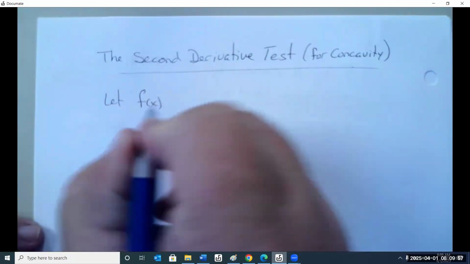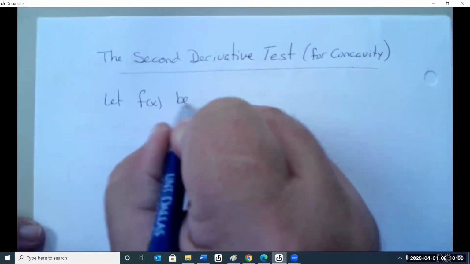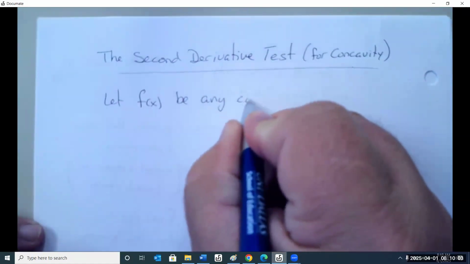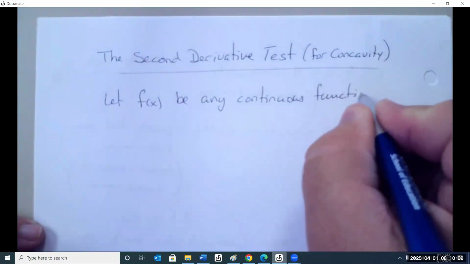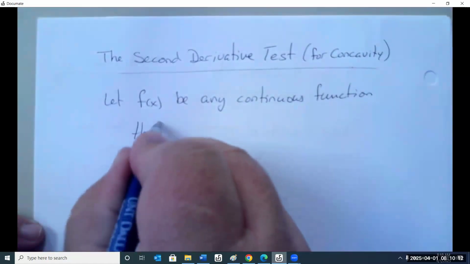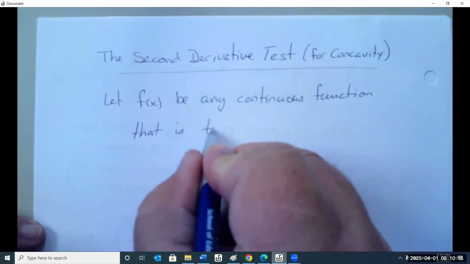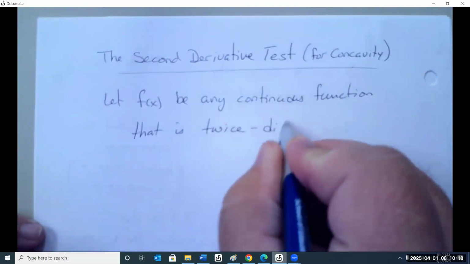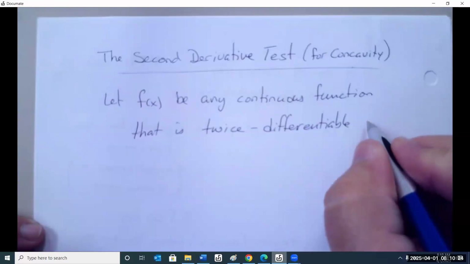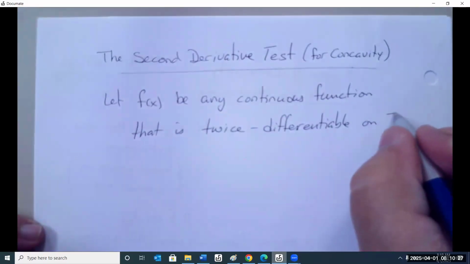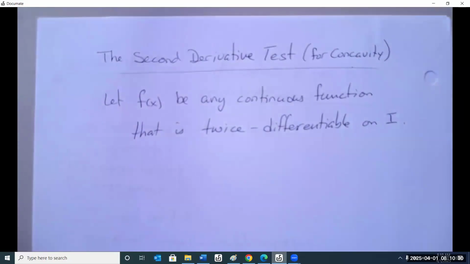Let f of x be any continuous function that is twice differentiable on I. What does that mean, twice differentiable? Well, to be twice differentiable, it has to have a second derivative.